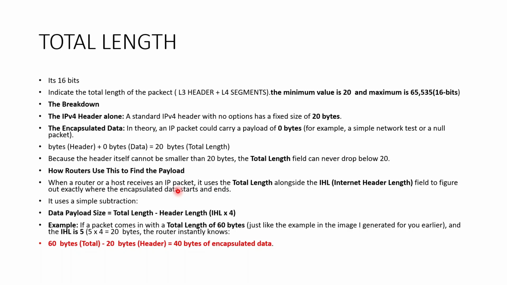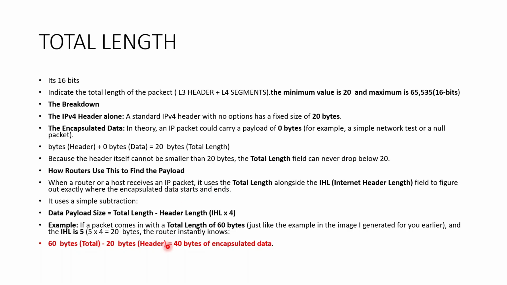So when the IHL value is 5, which is the minimum, we take 5 times 4 and get 20 bytes. And the maximum value is 15; 15 times 4 gives 60 bytes.